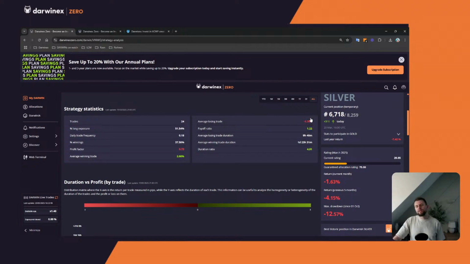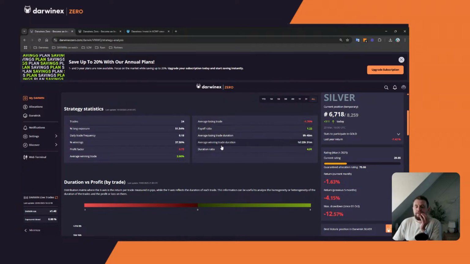Your average losing trade is 1.7%, your average winning trade is 2%. So for every losing trade, you do win more on the winning side. However, you do still have a negative overall strike rate, which would mean you would need a higher payoff ratio generally, or keep your payoff ratio and just increase your win rate.